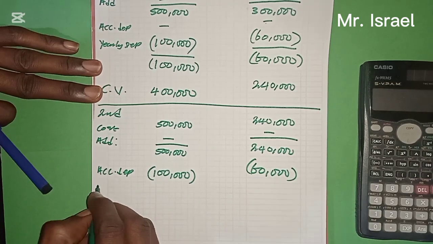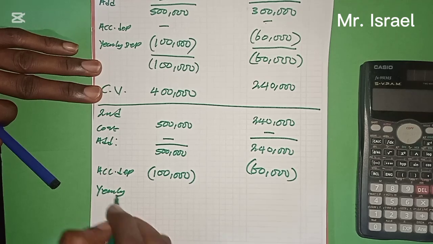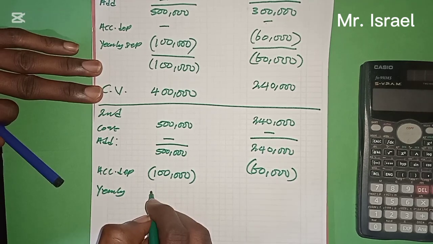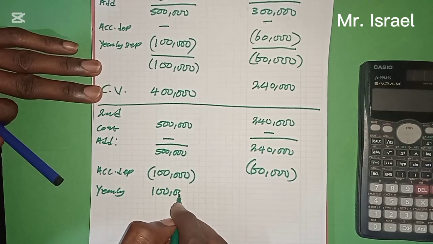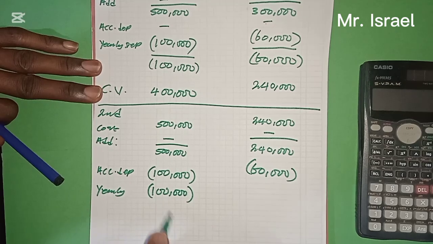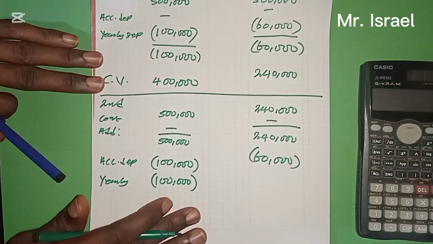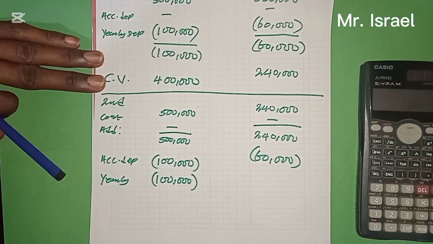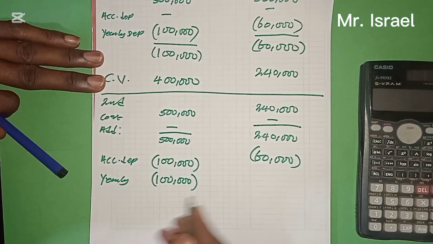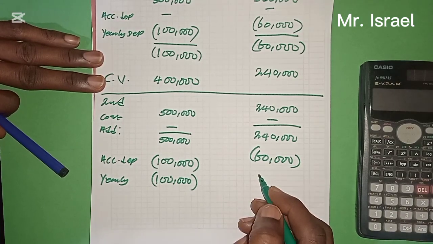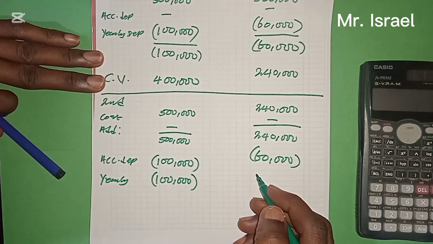Now, what is our yearly depreciation? Here it is still 100,000 because the same amount is apportioned every year in the straight line method. But in the reducing balance method, it is not apportioned equally every year, right? So here, what is our yearly depreciation?